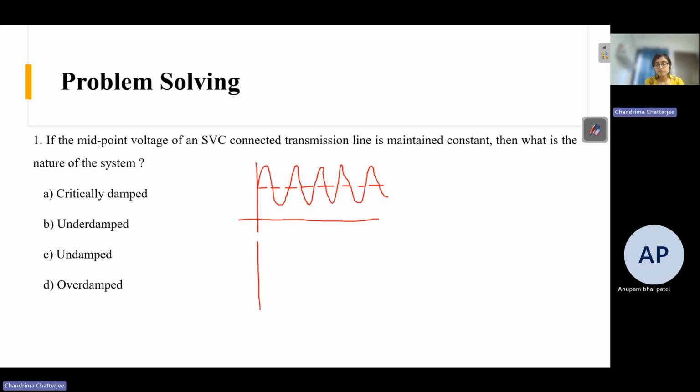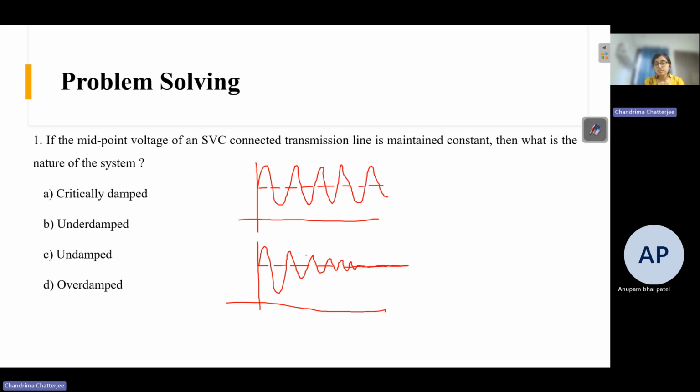But if the nature of oscillation is like this, suppose this is the steady state value and the oscillation is like this, so the amplitude gradually reduces, then we say there is damping. It gradually reduces and eventually settles down at the steady state value.